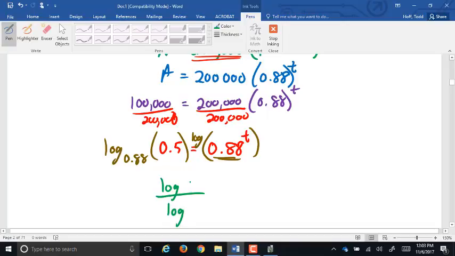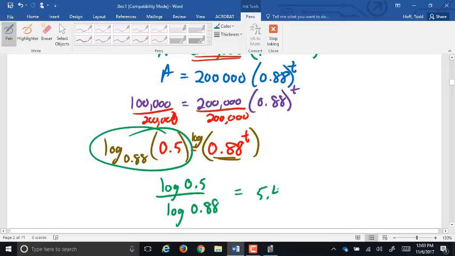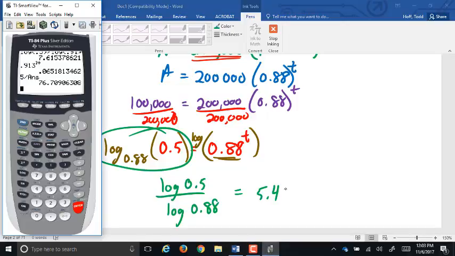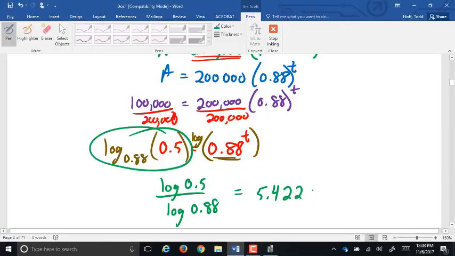Which number goes on top? 0.5. Good. And what goes on bottom? 0.88. So 5.422 equals t.